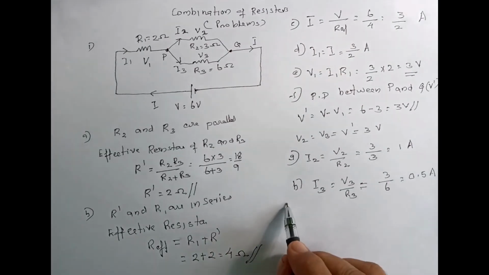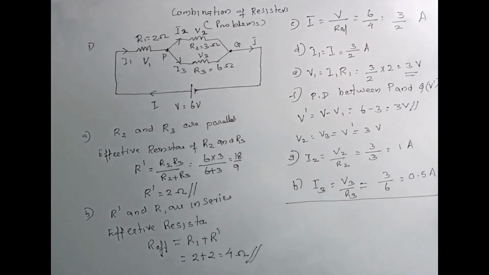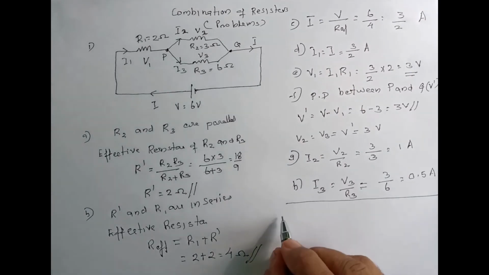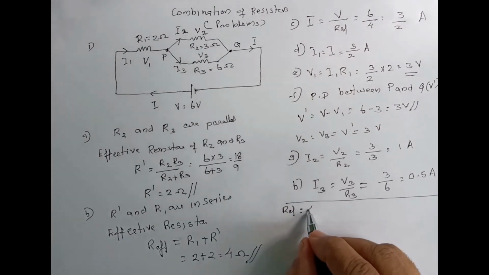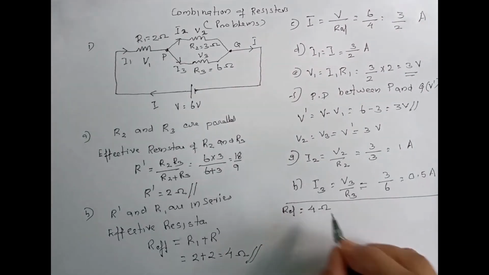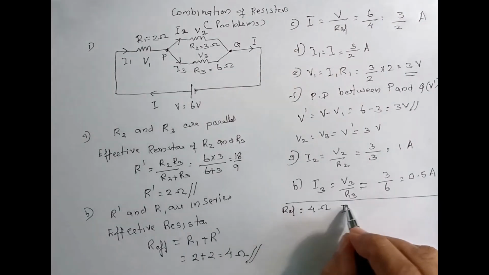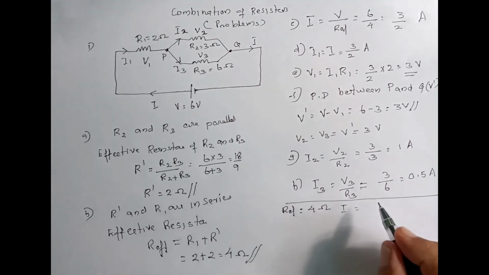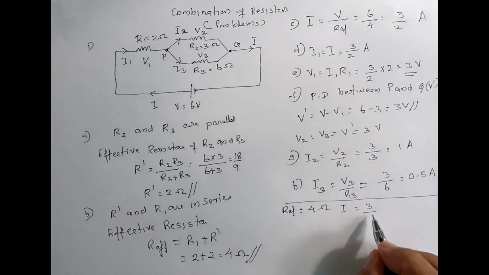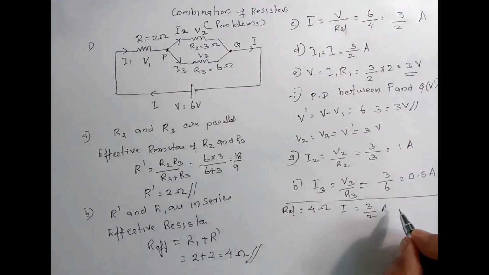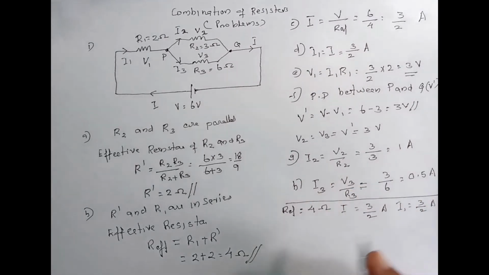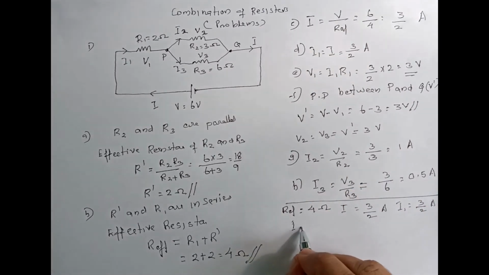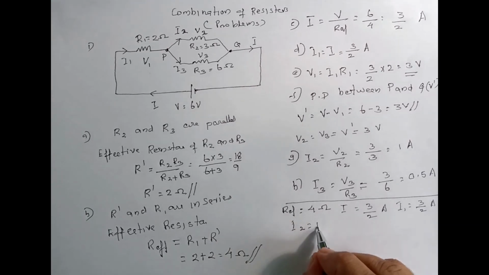So you got all the values. Now we have calculated everything. Look at here: R effective is equal to 4 ohm. I is equal to 3 upon 2 amp. I1 is equal to 3 upon 2 amp. I2 is equal to 1 amp.